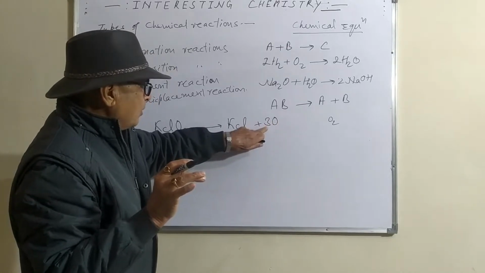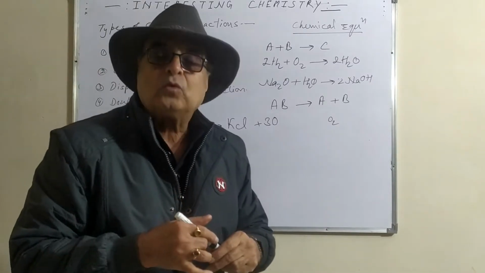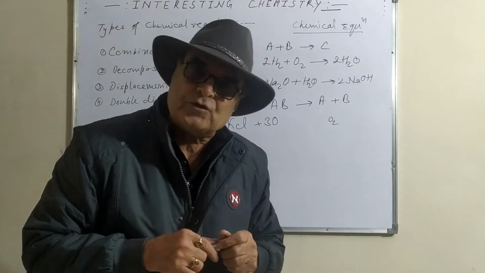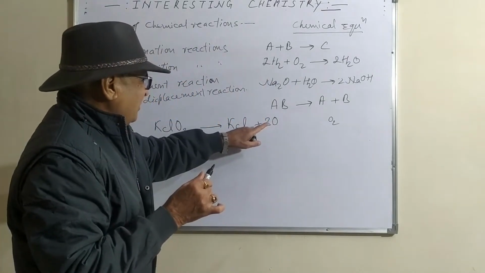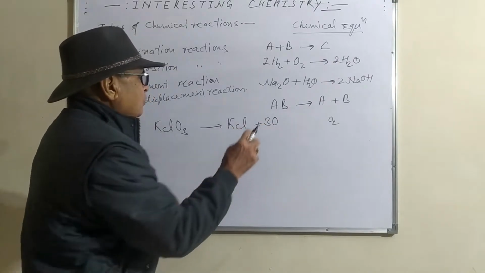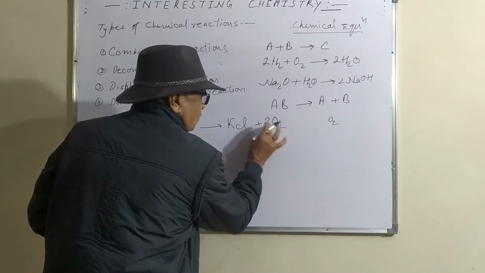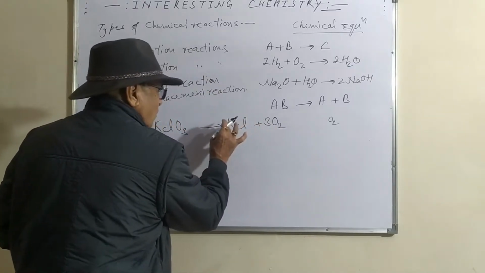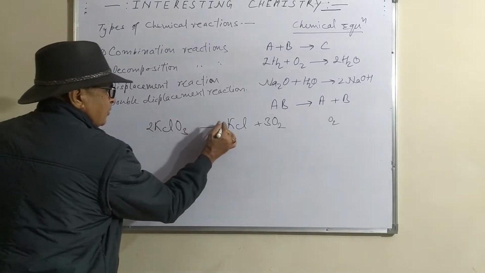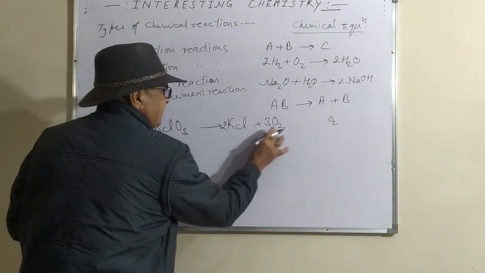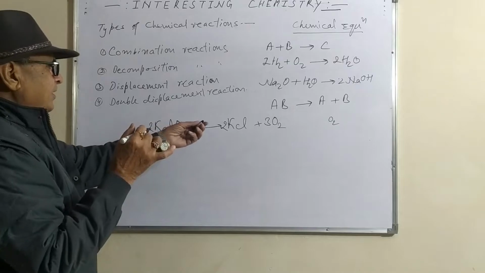You can write 1.5 O2, but fractional numbers are not allowed in chemical equations. So you require 6 oxygen to make 3O2. For the equation, you will write 2 KCl plus 3O2. In this way, this is the equation.